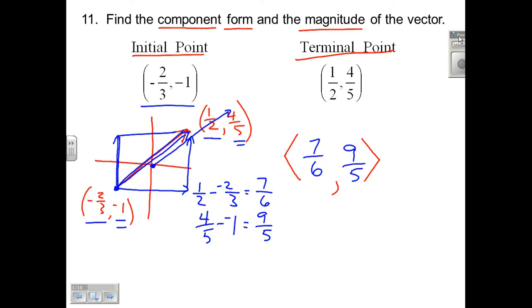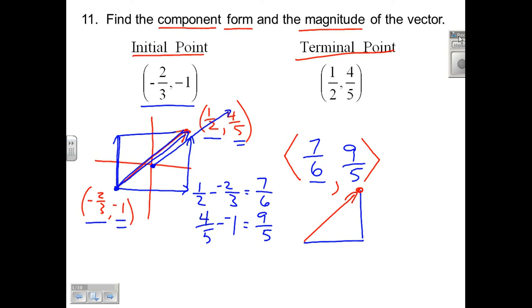That is the component form of my vector, or what I'm doing to my chair. Wherever my chair starts, I'm going to take it to the right 7/6 and up 9/5. That's how we represent it as components, but really we're just sliding the chair along there to that terminal point.